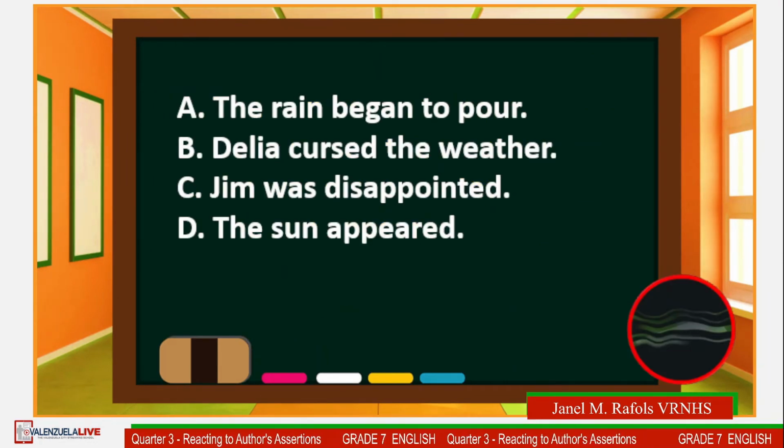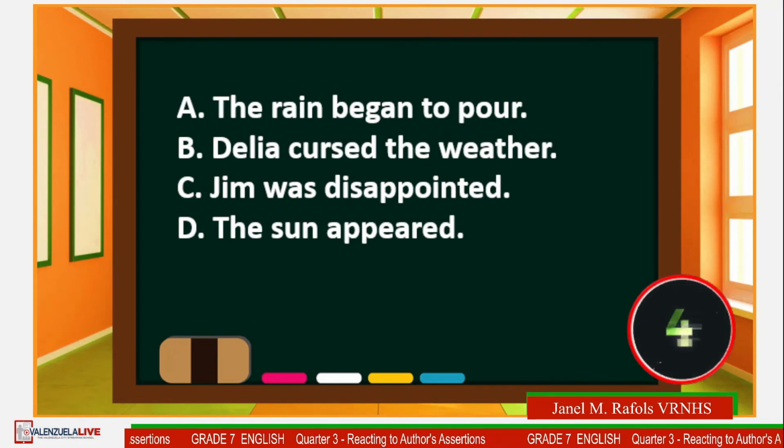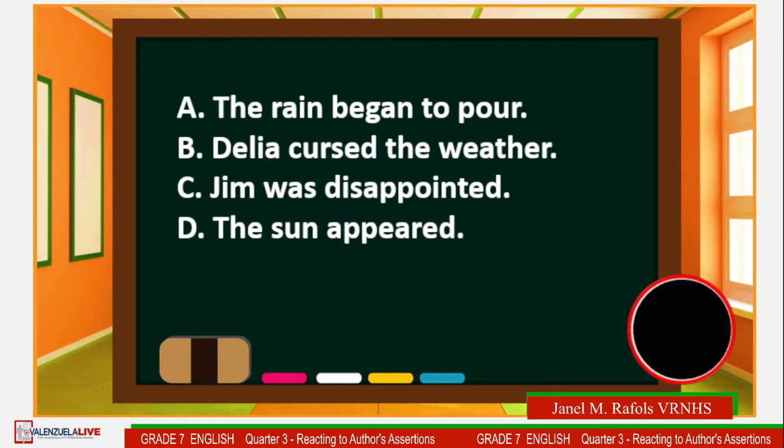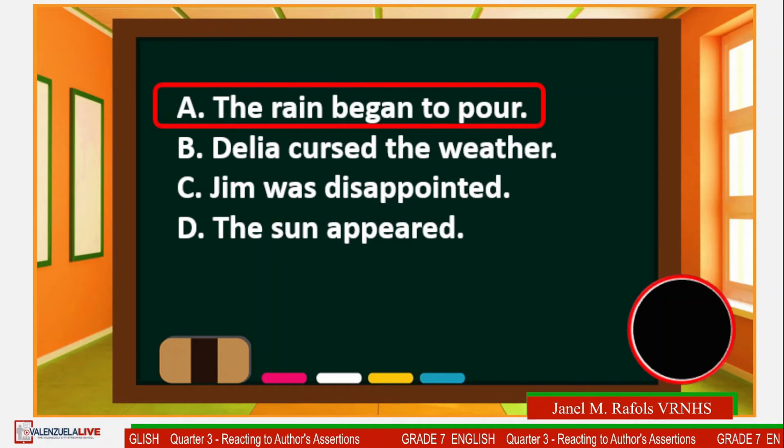A. The rain began to pour. B. Delia cursed the weather. C. Jim was disappointed. Or D. The sun appeared. The prediction for number 9 is A. The rain began to pour.